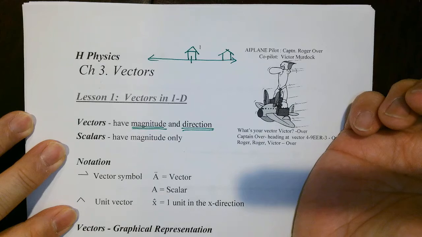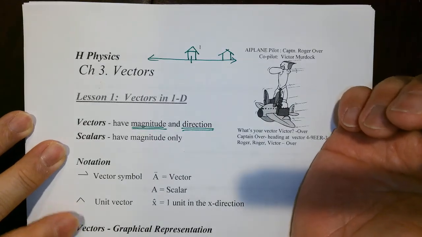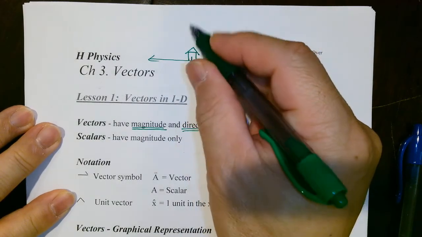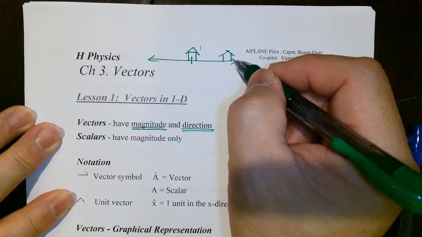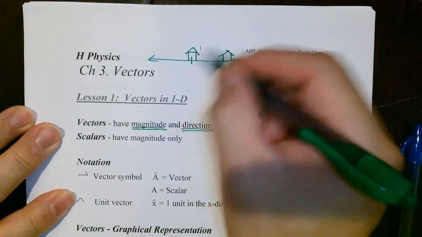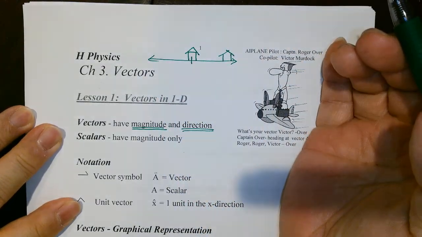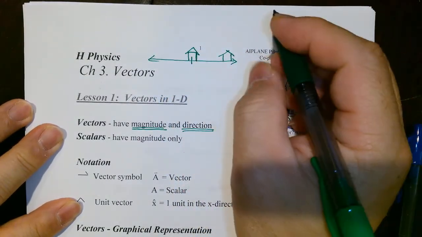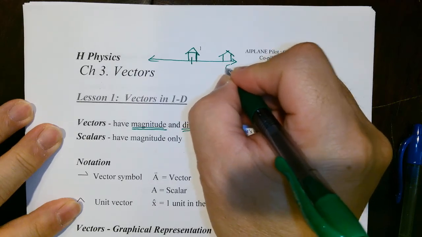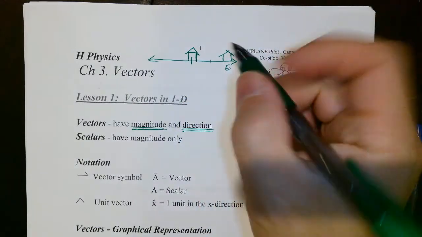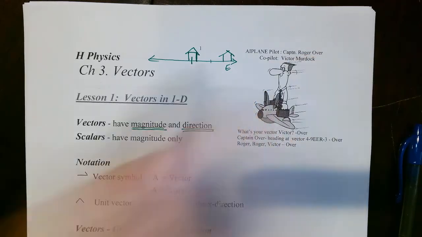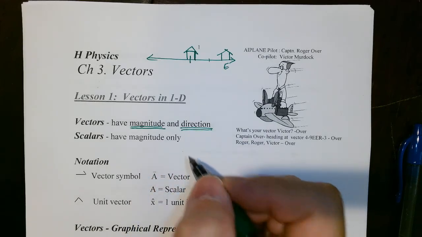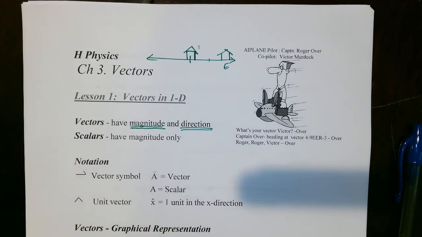But if I just say 2 blocks away from my house, you have no idea where Sally's house is, because is it 2 blocks north, south, east, west, or northeast? We don't know exactly where that 2 blocks is, right? But if I say, oh, Sally's house is 2 blocks away towards the east from my house, then I know exactly where Sally's house is, right? So not only is magnitude important, but direction is important. And vectors have both of these.